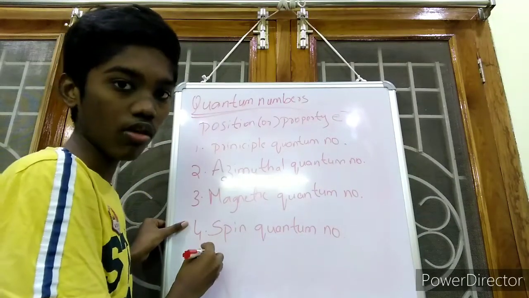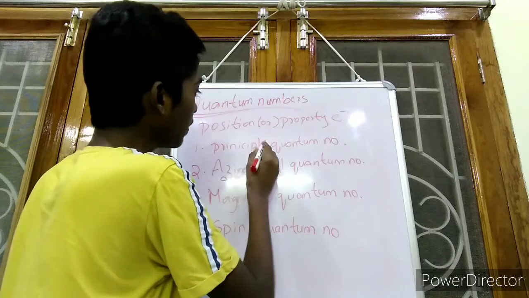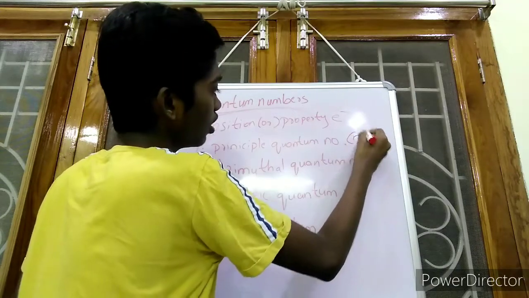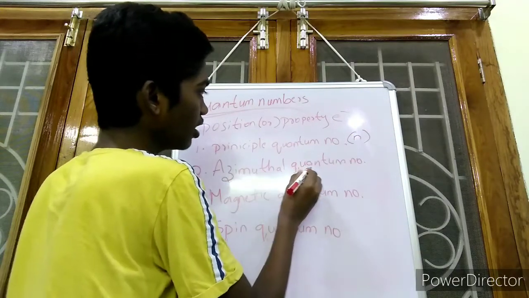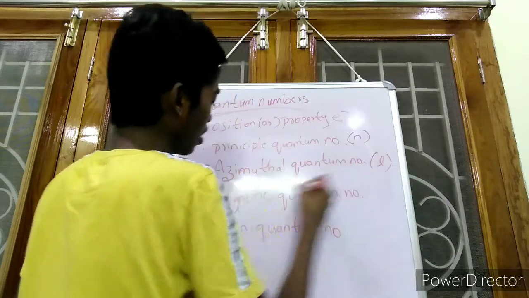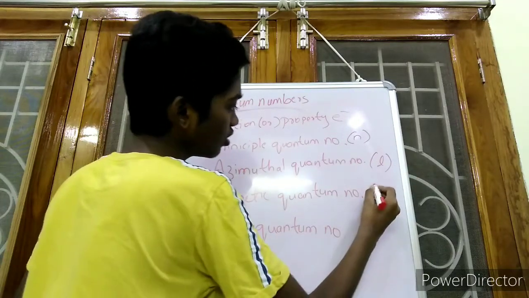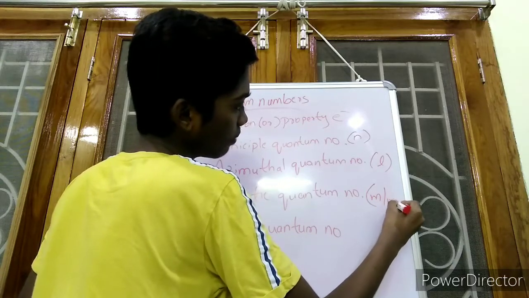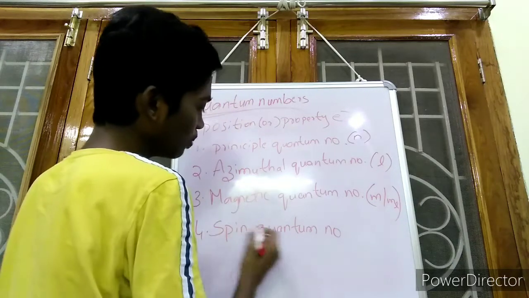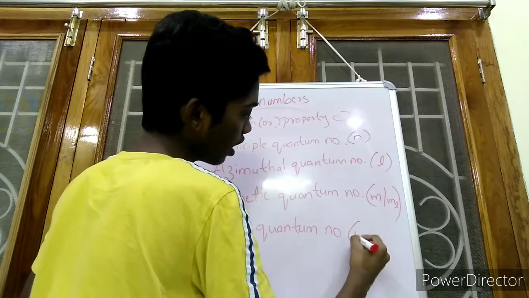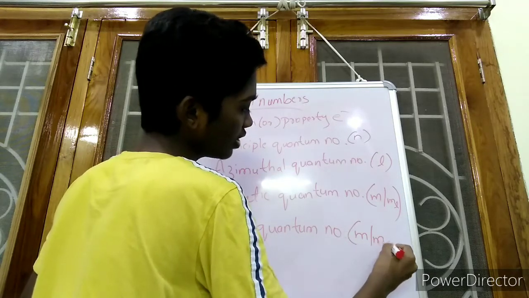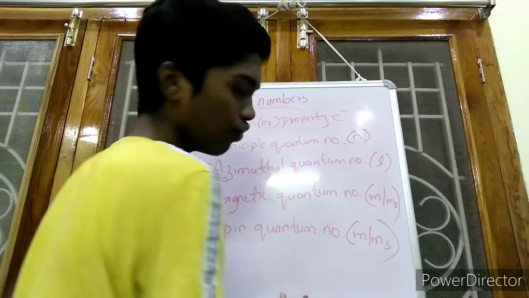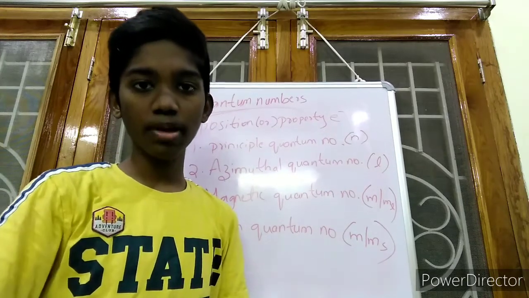So these are the four quantum numbers. Here the principal quantum number is denoted by n. Azimuthal quantum number is denoted by l. Magnetic quantum number is denoted by m or m suffix l, and spin quantum number is denoted by m or m suffix s. So friends, these are the four quantum numbers.